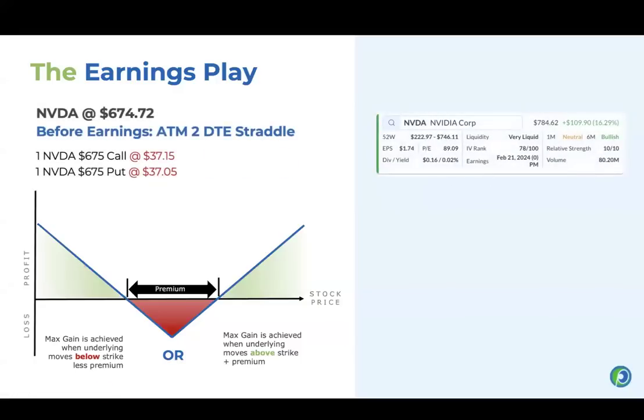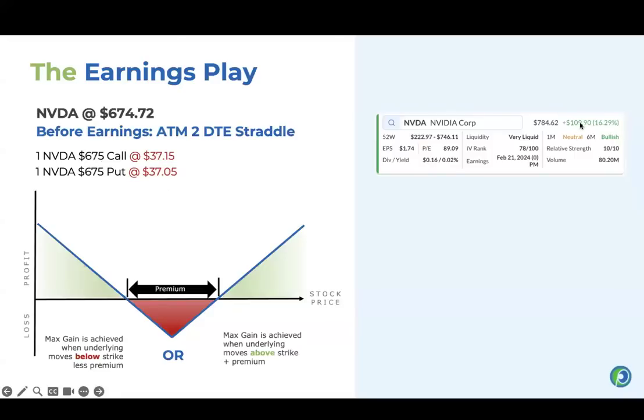So Nvidia, here's an example. I believe this one was either last quarter or the one before. We could check prices. Nonetheless, this was right before earnings. We had 2 days until expiration. So here is an example of the implied move. We had 675, 37, and 37, and so that's about $80. It moved more than that.